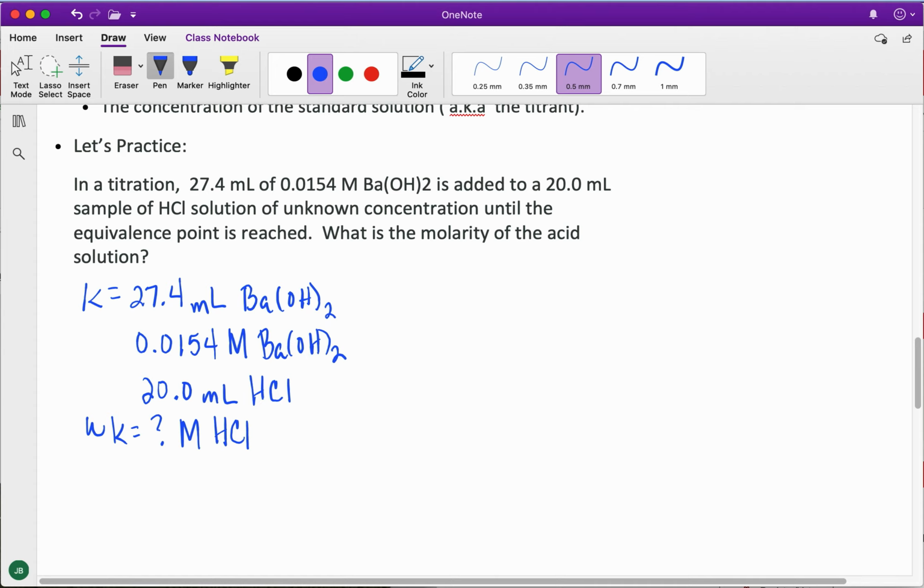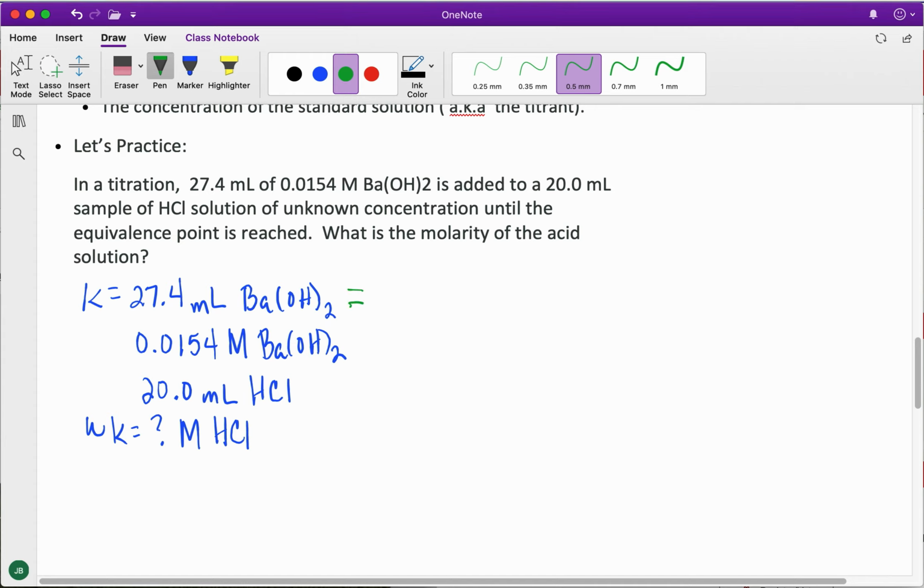All right, so whenever you have something like this, and lots of times when you're doing titrations, your volume measurements are going to be in mLs, you need to go ahead and convert those into liters. So milliliters to liters means moving the decimal 3 times to the left.